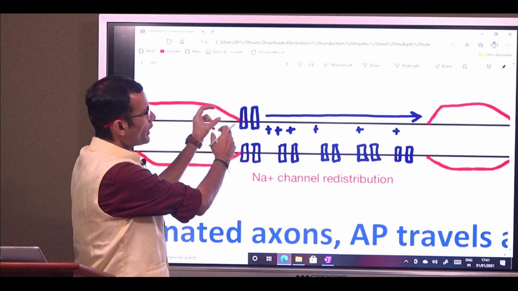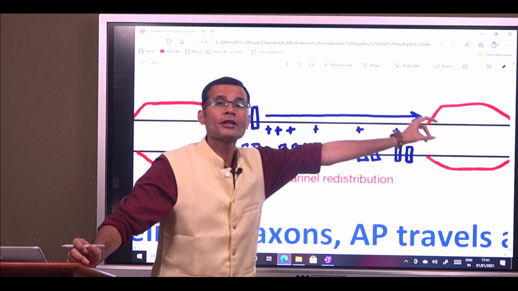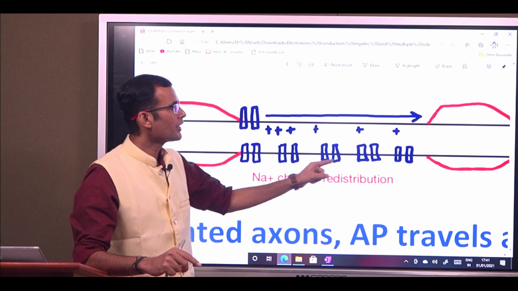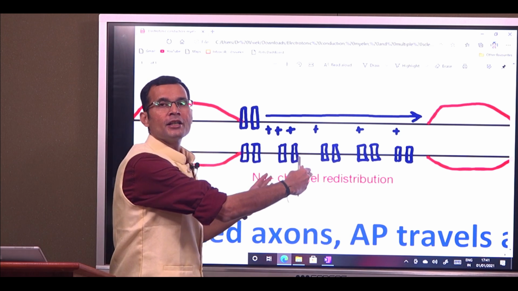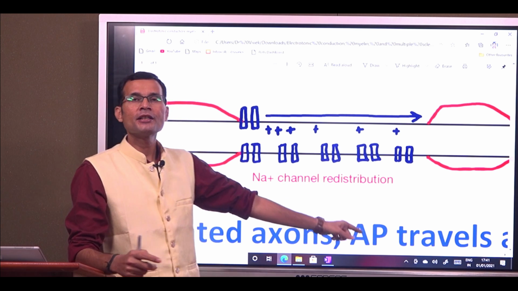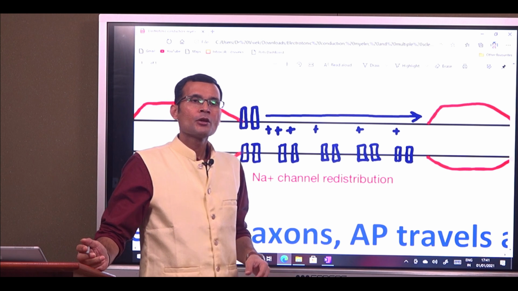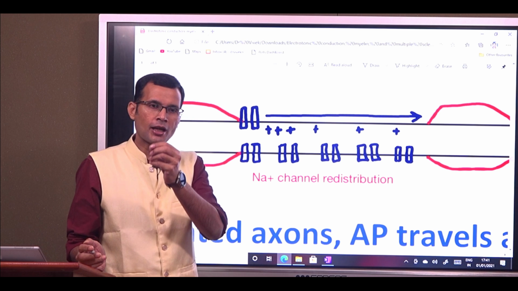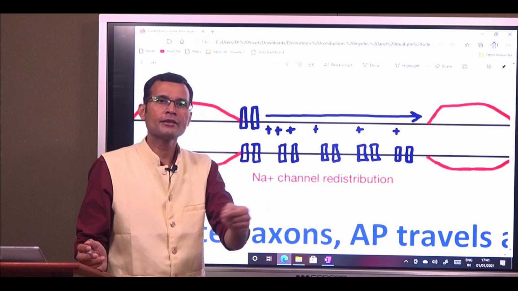Those were concentrated at the nodes of Ranvier, at long distances. Now, those sodium channels will get redistributed and will be close to each other, like in the unmyelinated nerve fiber. Remember, we had drawn the diagram of the unmyelinated axon, where sodium channels were located at very close distances, so that the charges do not have to travel a long distance, they just have to excite the next point.